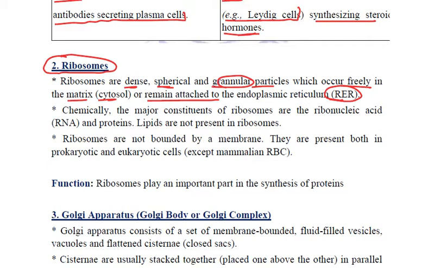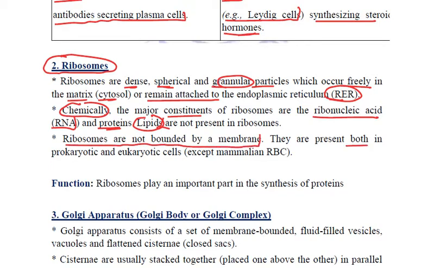On the outer surface of RER, ribosomes are attached. When we talk about their chemical composition, the major constituents of ribosomes are RNA, ribonucleic acid, and proteins. Lipids are not present in ribosomes. These ribosomes are not bounded by a membrane.